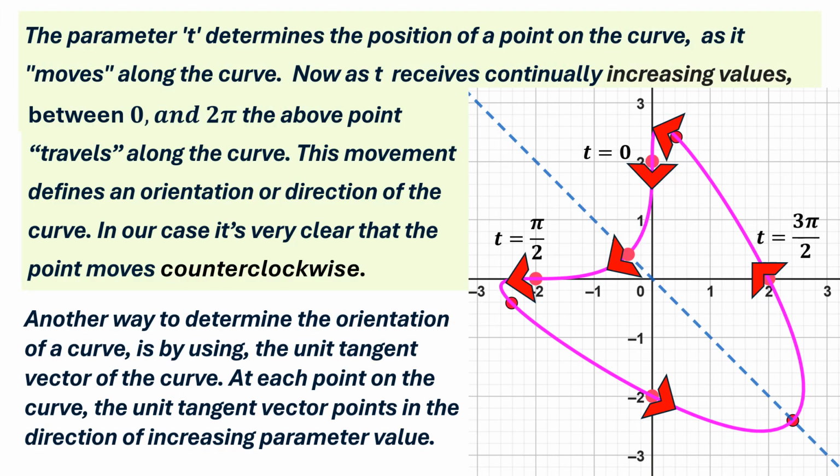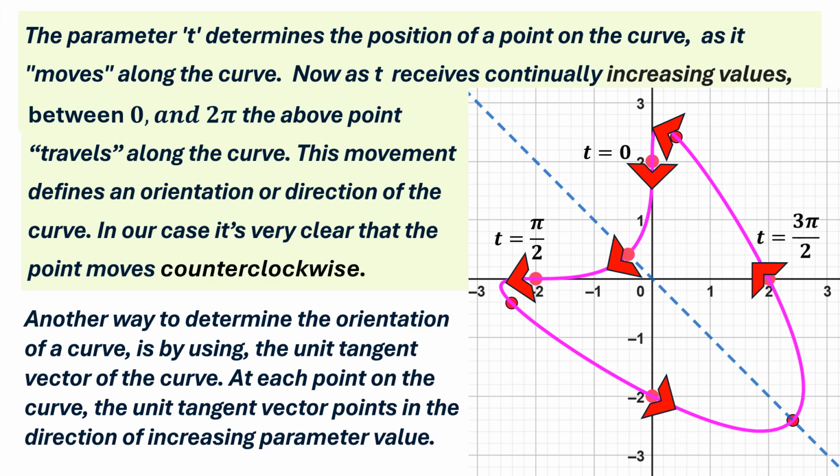The parameter t determines the position of a point on the curve, as it moves along the curve. Now as t receives continually increasing values between 0 and 2 pi, the above point travels along the curve. This movement defines an orientation or direction of the curve. In our case it's very clear that the point moves counterclockwise.